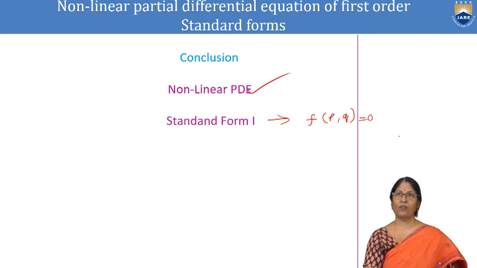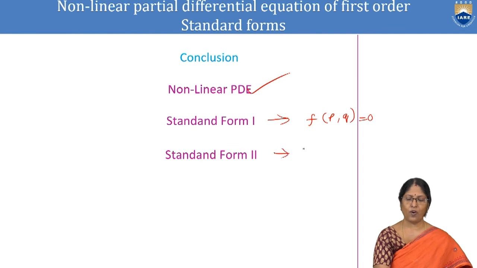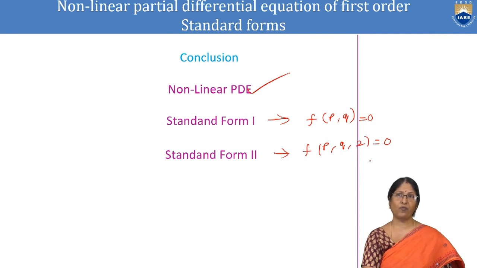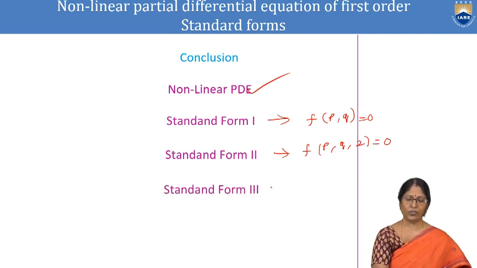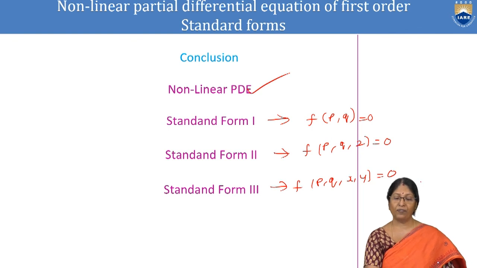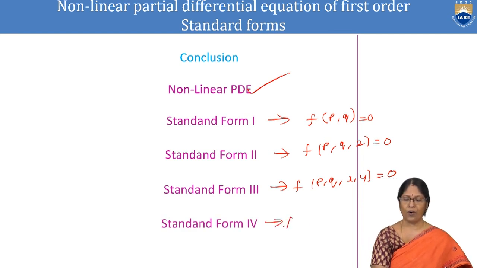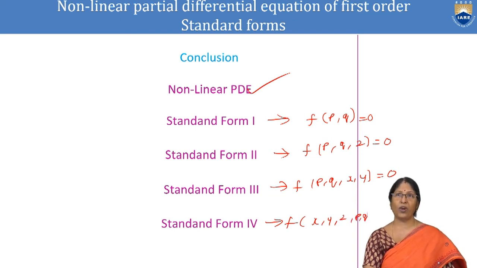Then it is standard form 1. Standard form 2: p, q, z, these 3 are dominating. Standard form 3: f of p, q, x, y equal to 0. If these 4 are dominating, it is standard form 3. Standard form 4: f of x, y, z, p, q equal to 0.